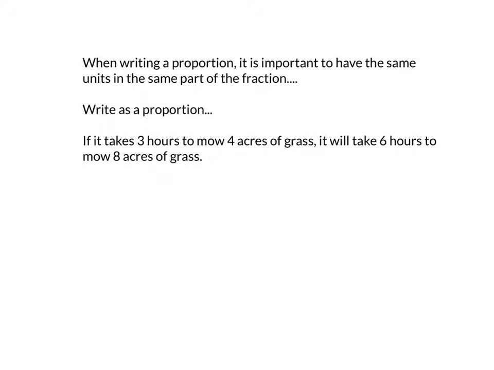So if I wanted to write that as a proportion, I could write 3 hours over 4 acres is equal to 6 hours over 8 acres. And does that form a proportion? Well, it does, because 3 times 8 gives me 24, and 4 times 6 gives me 24. So I know that is a proportion.